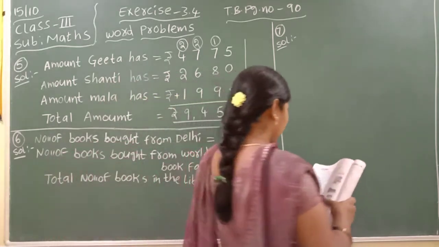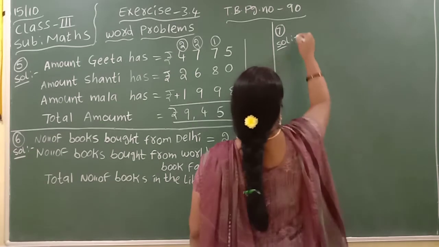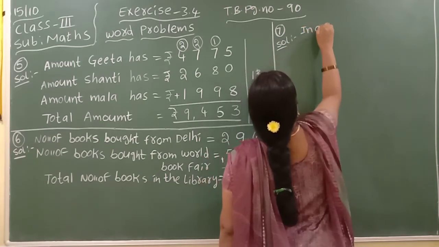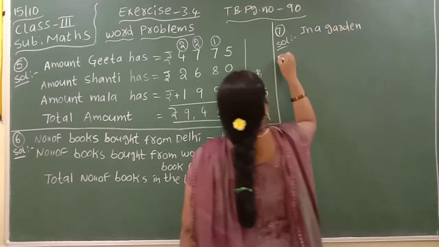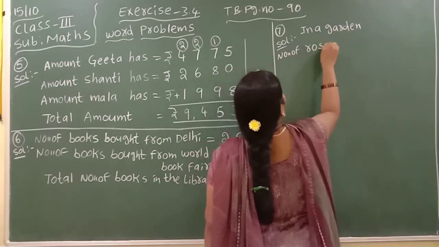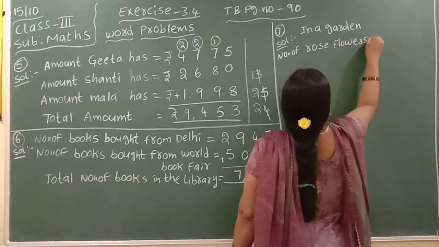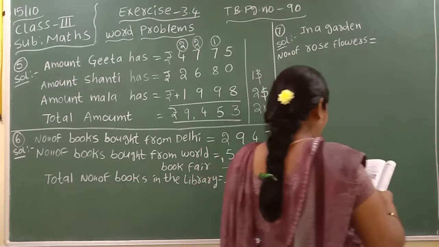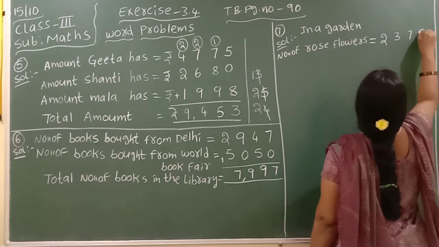In the first step, number of roses in a garden. NOOF is nothing but number of rose flowers is equal to how many roses? 2,375.